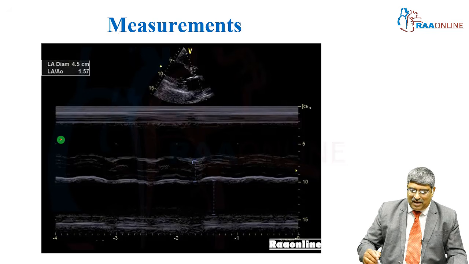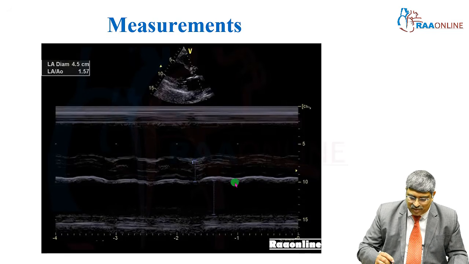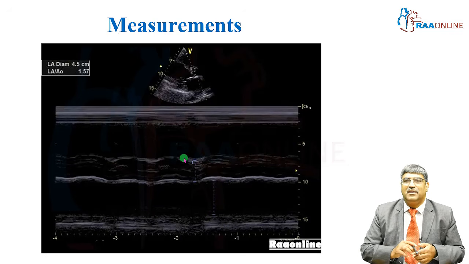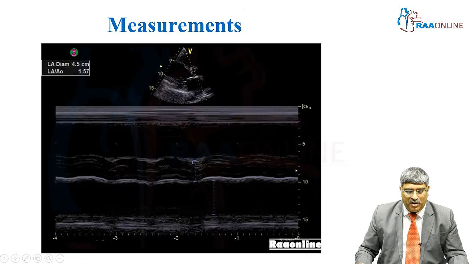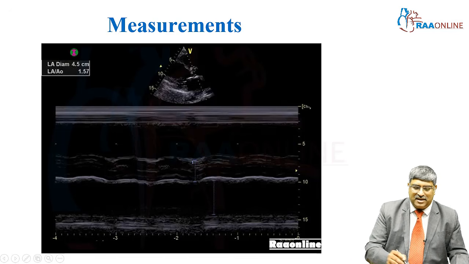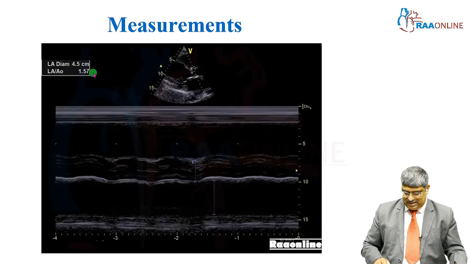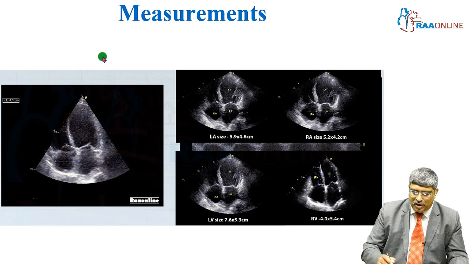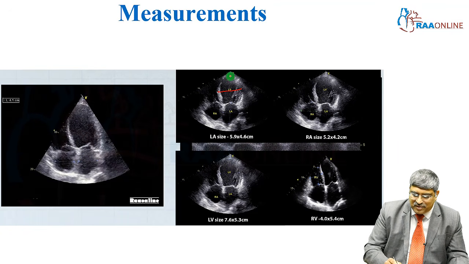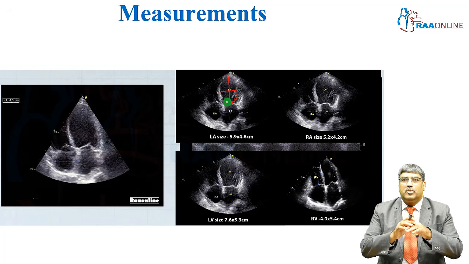Here you can see the LA is far bigger than the aorta. Here the LA diameter is 4.5 and the ratio is 1.57.